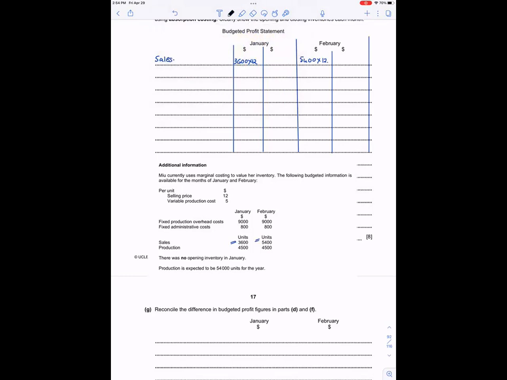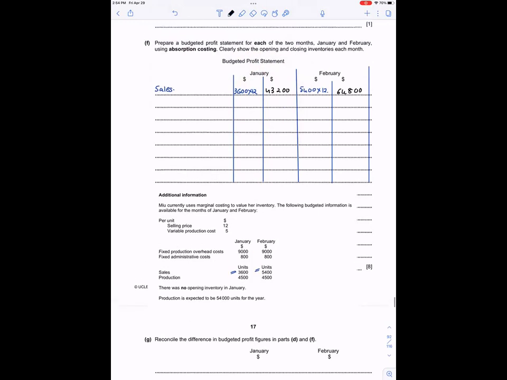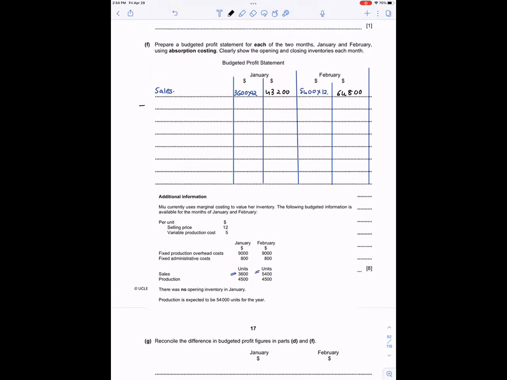Multiply with the selling price. Minus, what will we do?